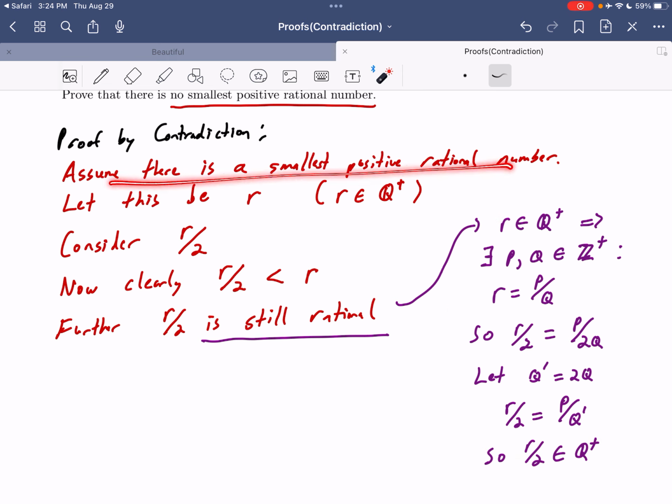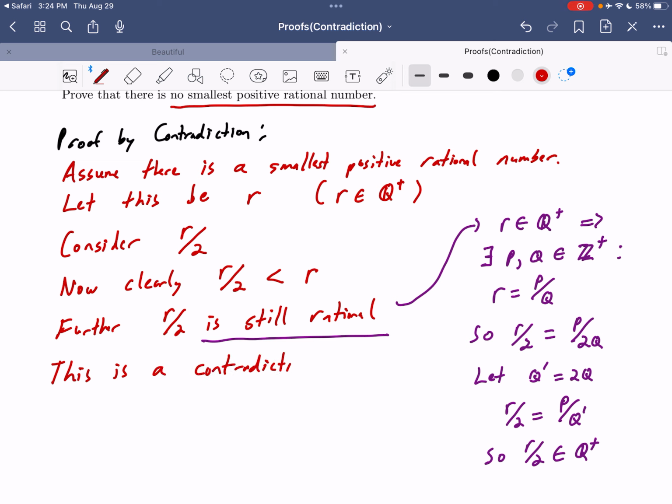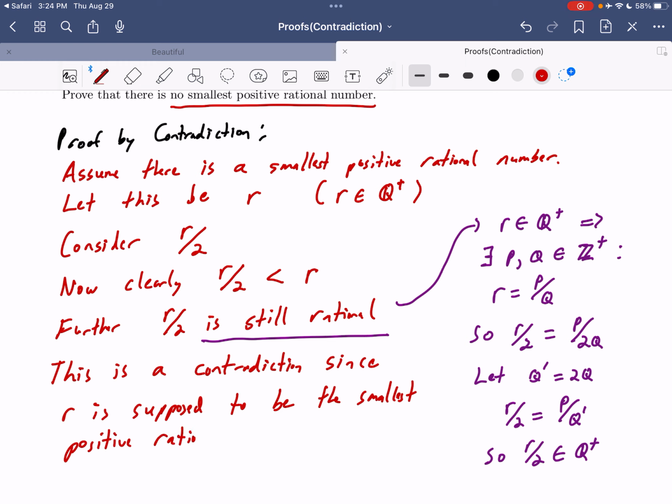We've assumed that R is the smallest positive rational number. We're considering R over 2. Clearly, R over 2 is less than R. Clearly, R over 2 is still rational. So this would mean, well, this is a contradiction since R is supposed to be the smallest positive rational number.